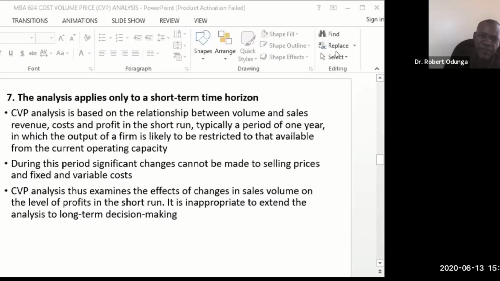So the decision to increase our bed capacity is informed by the short-run decisions that we make through the CVP analysis, and the increment of bed capacity is a long-term kind of decision. So as much as we are saying we can only apply this model in a short-run period, we are not saying that it is of no use in the long run, because it counts towards the long-run decisions that we make.